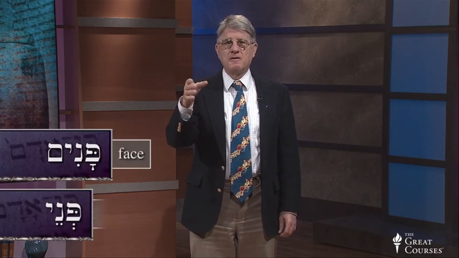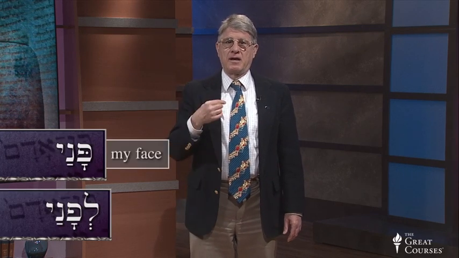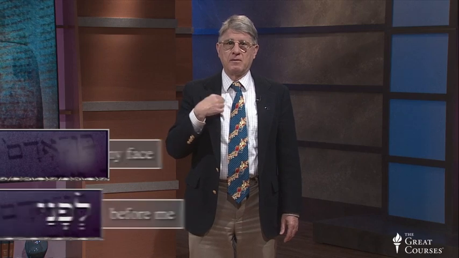Pei is a beged kefet letter, and now there's a vocal shva before it, a tiny vowel, but still it is a vowel sound. So, panim, face, pinei, face of, like al panei hamayim, panai, my face, lefanai, before me.